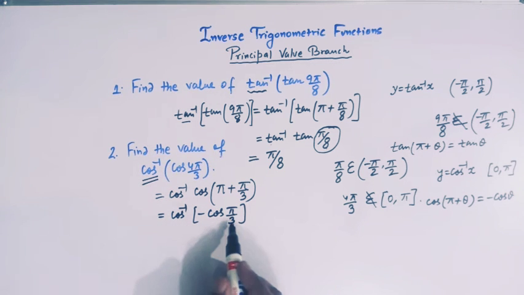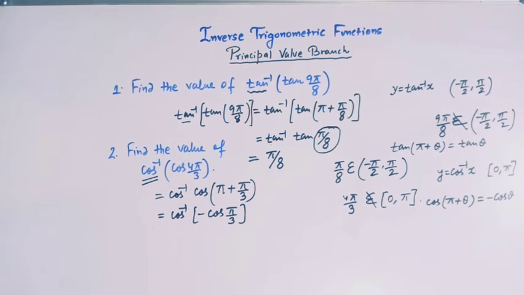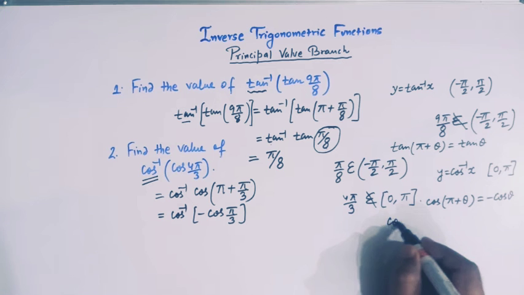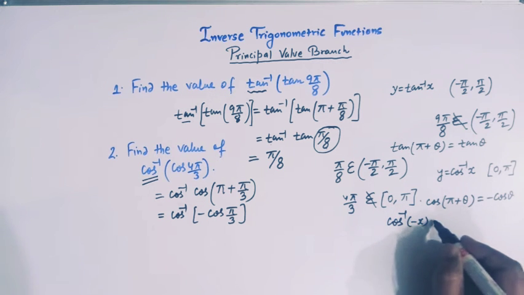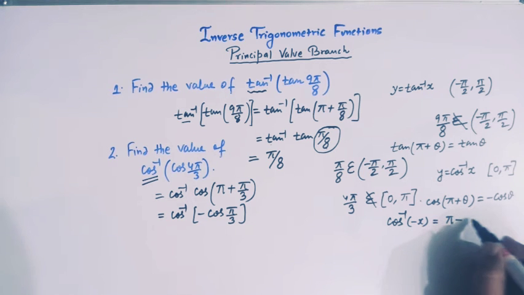Now here again we will apply one more result: cos inverse of minus x equals pi minus cos inverse of x.